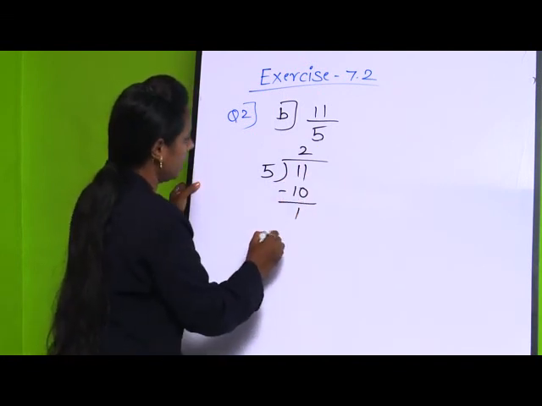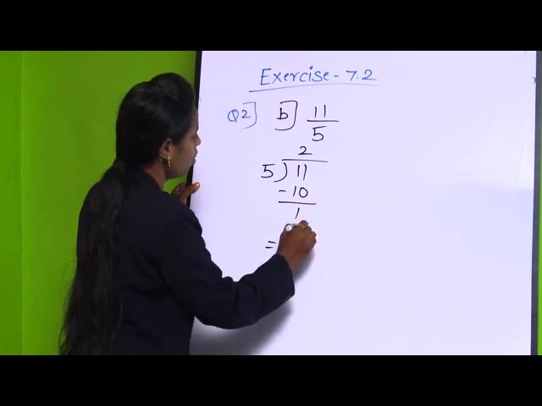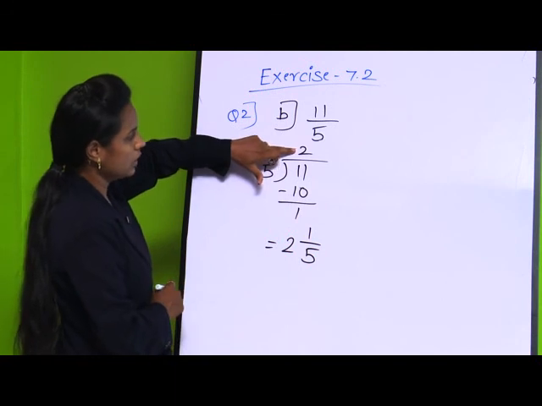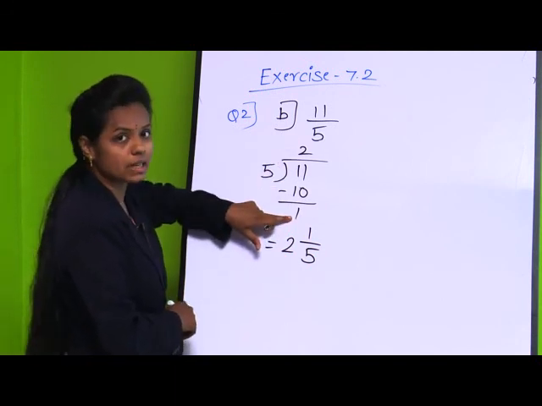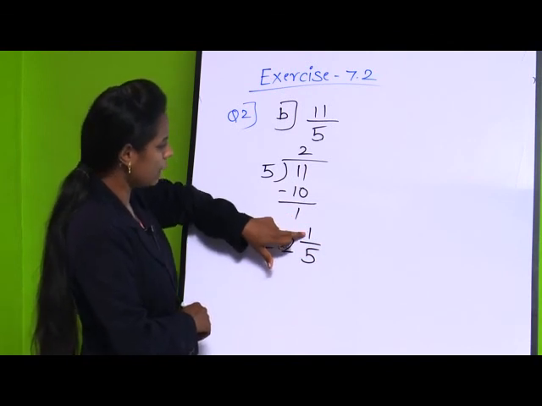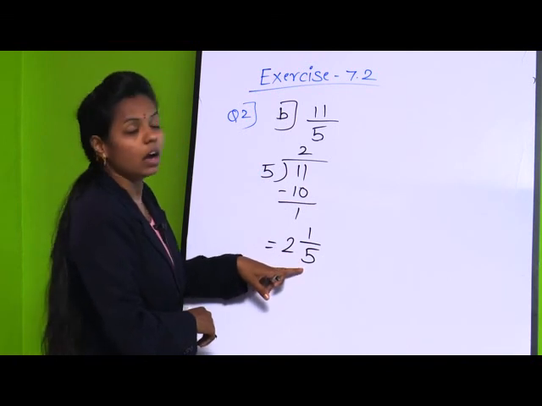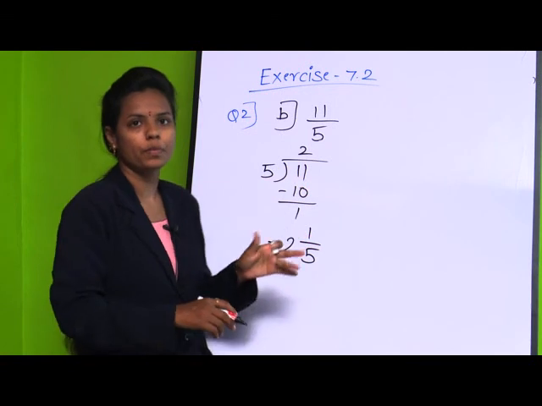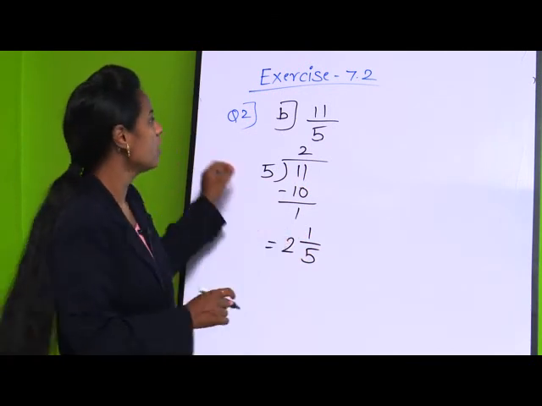The mixed fraction can be written as 2 1 by 5. 2, the quotient, becomes the whole number. 1, the remainder, comes in the numerator place, and 5, the divisor, comes in the denominator's place. So the fraction becomes 2 1 by 5, which is the mixed fraction.